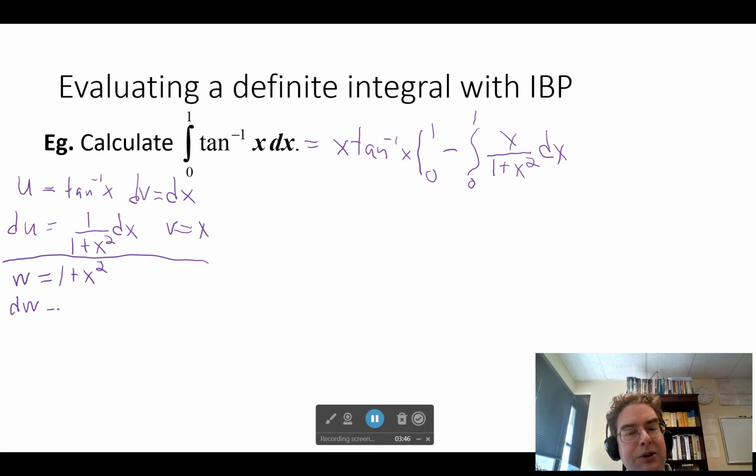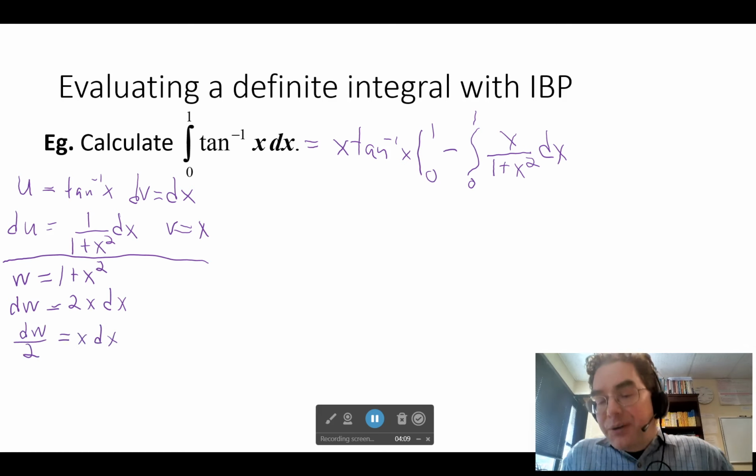And in fact, dw is going to be 2x dx. The 1 term goes away when you differentiate. And we really like to have just x dx, so let's divide both sides by 2 and get that dw over 2 equals x dx, and we see that right in our integrand, which is great.